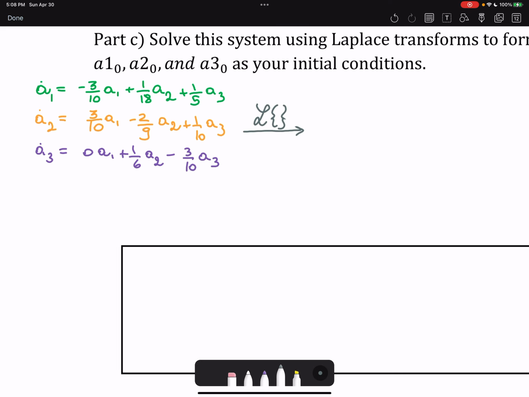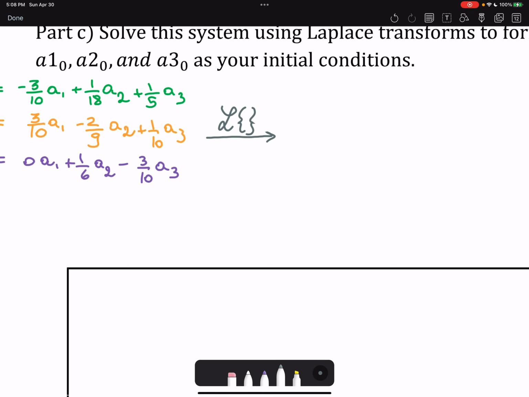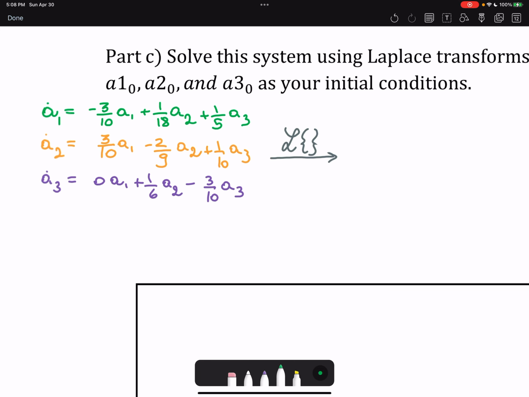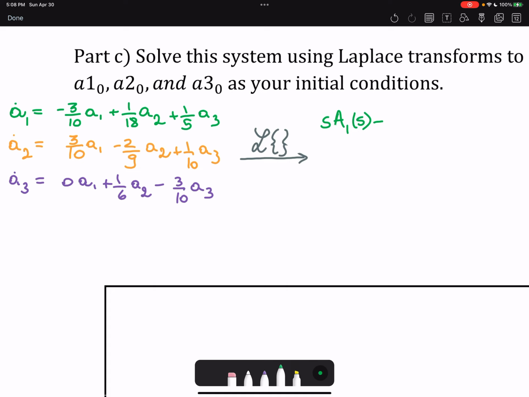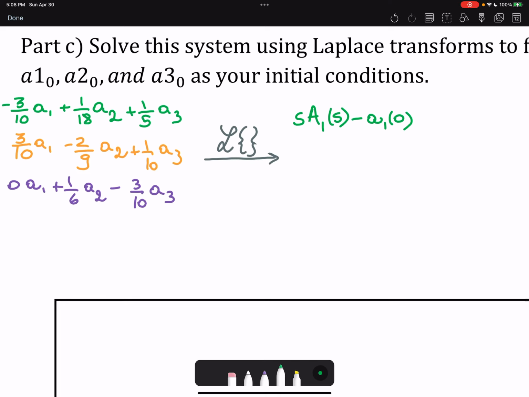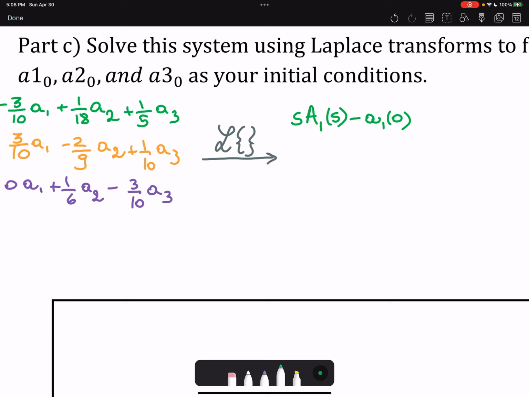So what are we going to get? Well, the derivative of a sub 1, we're going to get s times big A1 of s minus small a sub 1 of 0. And they just say to leave it at that.